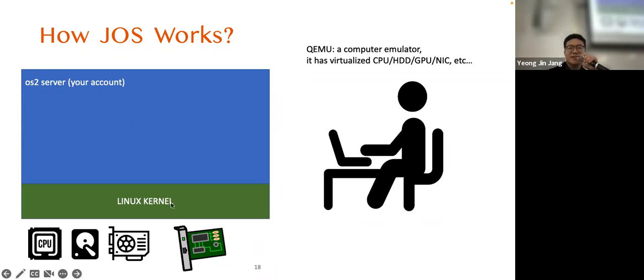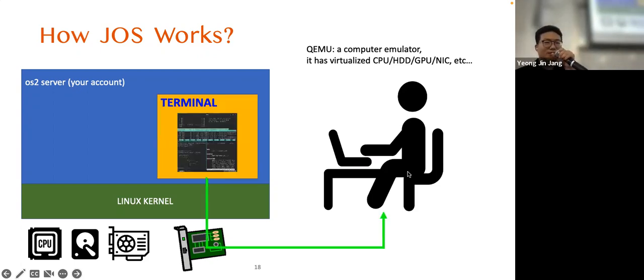It runs with Linux, so it has a Linux kernel, and it has its own hardware, network interface, CPUs, and so on. You can regard this icon as yourself, and what you are doing is connecting to the terminal of the OS/2 server. So it will be going through the network interface.